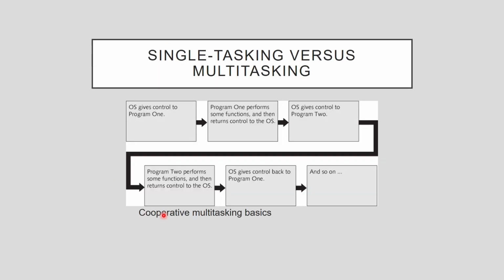And this is shown in this figure that first the OS gives control to program 1. Program 1 performs some function and then returns control to the OS. Then the OS gives control to program 2.